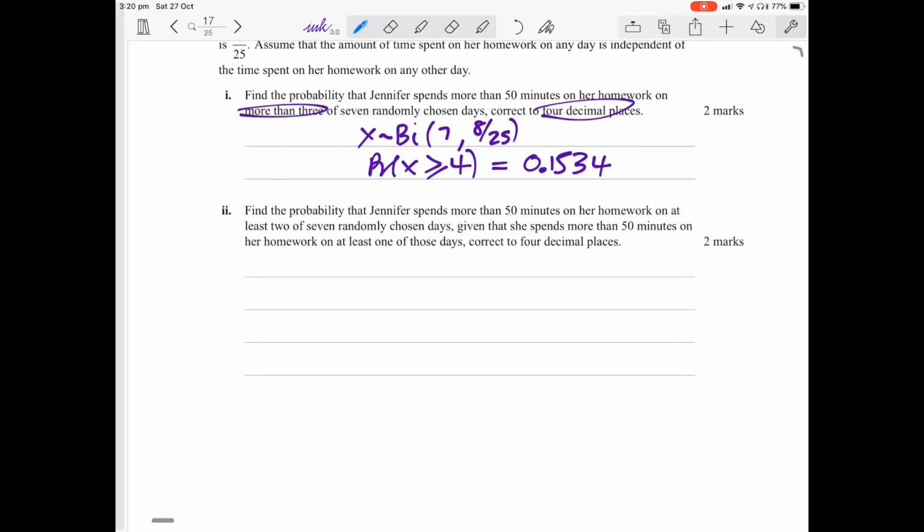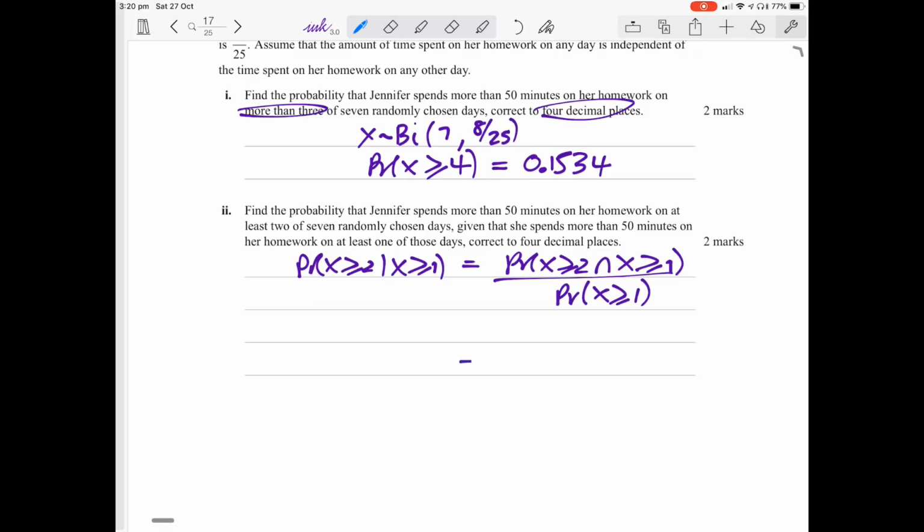Find the probability that Jennifer spends more than 50 minutes on homework on at least 2 of 7 days, given that she spends more than 50 minutes on at least 1. So the probability that x is greater than or equal to 2, given x is greater than or equal to 1, is the probability that x is greater than or equal to 2 intersect x is greater than or equal to 1, over the probability that x is greater than or equal to 1, which is the probability that x is greater than or equal to 2 over the probability that x is greater than or equal to 1.